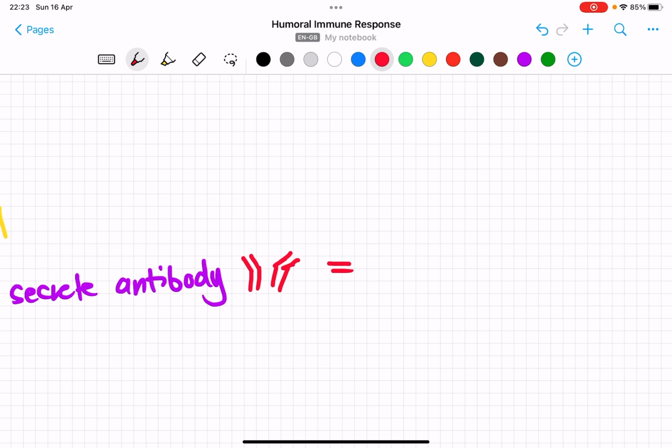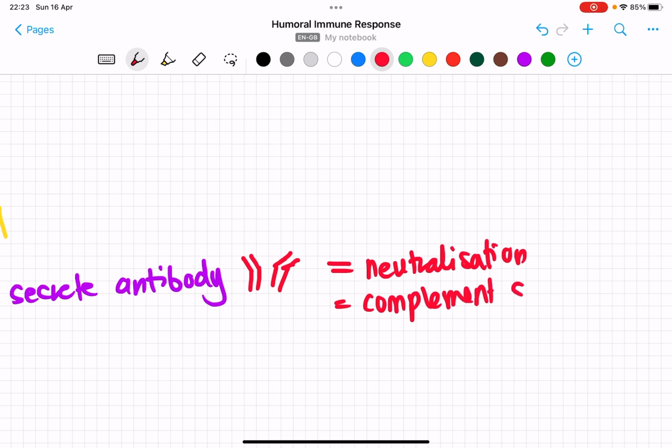It can be by neutralization, complement system, and also opsonization.